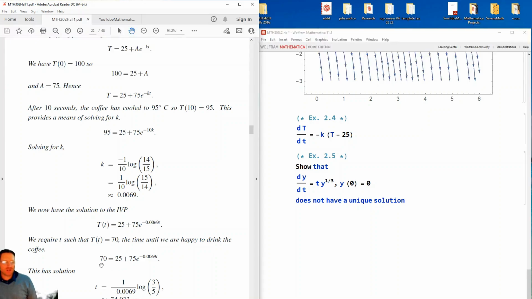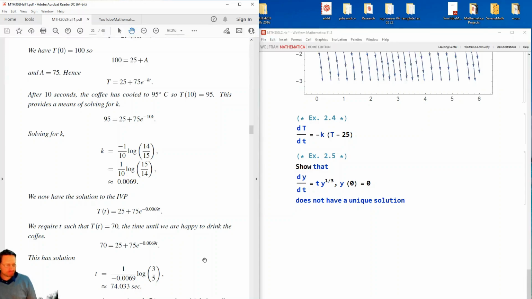So we take the 25 over to the left, and we obtain, let's see, what is that? Is it 45? Okay, so we get 45. We divide throughout by 75, so we have 45 over 75, which I think is 3/5. We divide by our new k that we found, which is minus 0.0069.